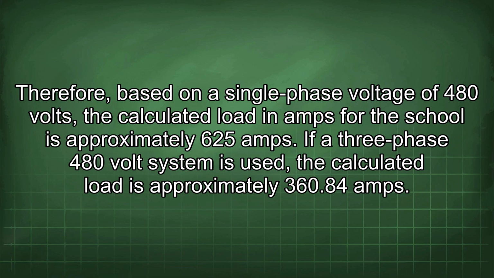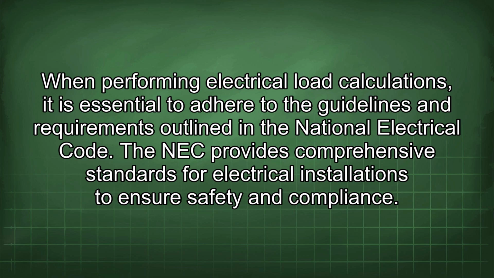When performing electrical load calculations, it is essential to adhere to the guidelines and requirements outlined in the National Electrical Code. The NEC provides comprehensive standards for electrical installations to ensure safety and compliance.